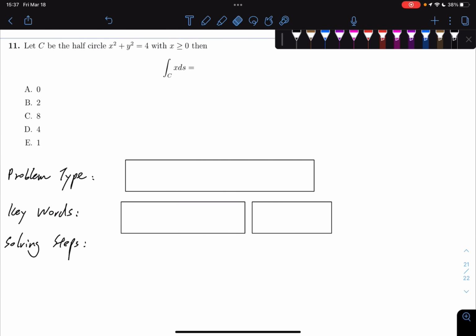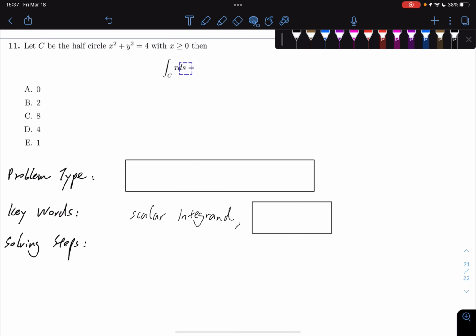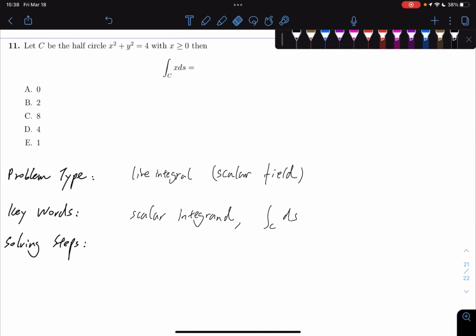We also notice that the differential is ds, and the integral itself is over C, and that's a curve. So this is a second hint that this is a line integral in a scalar field.